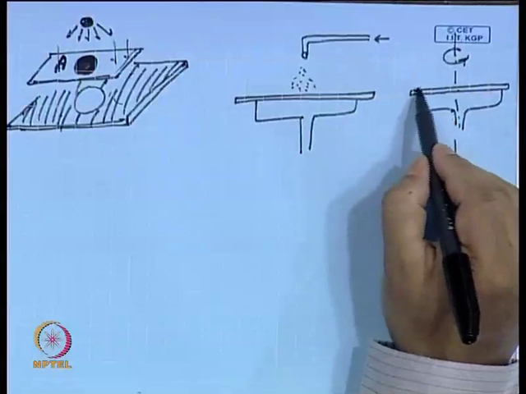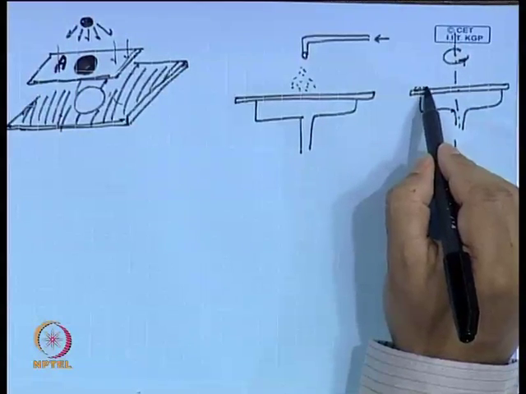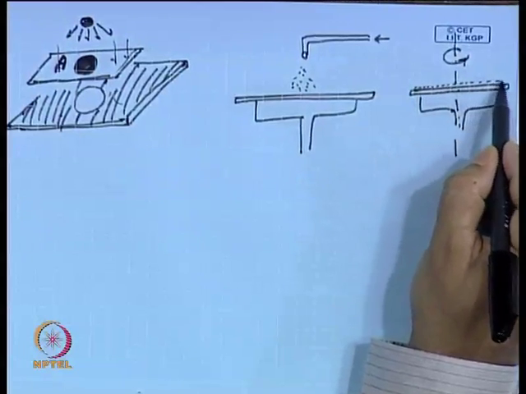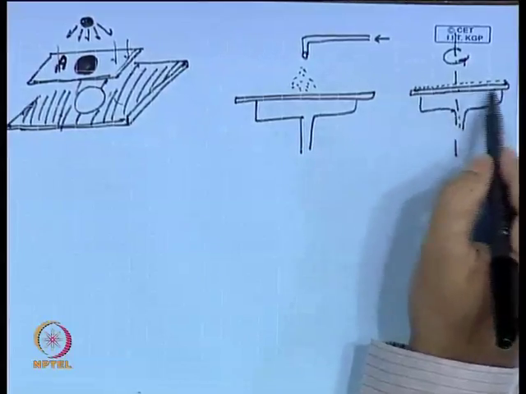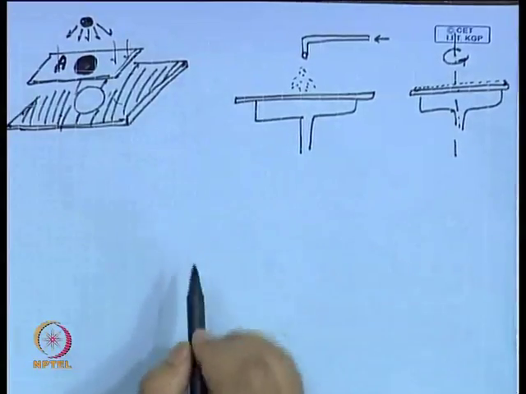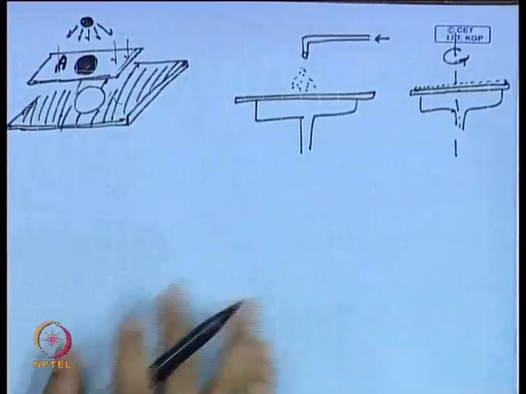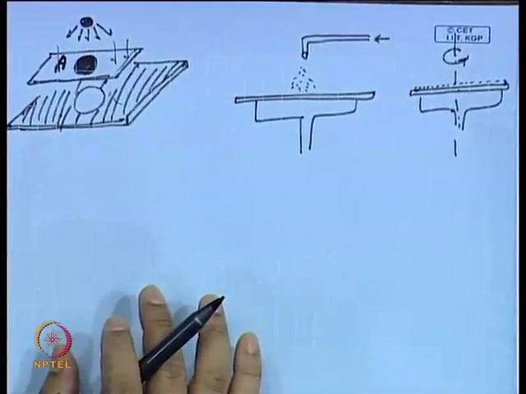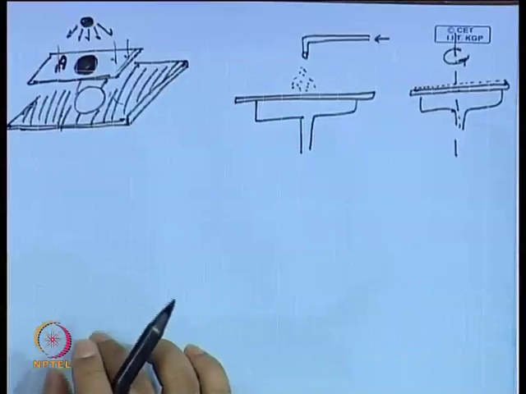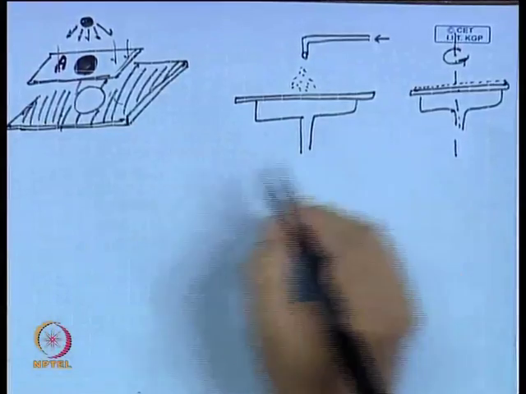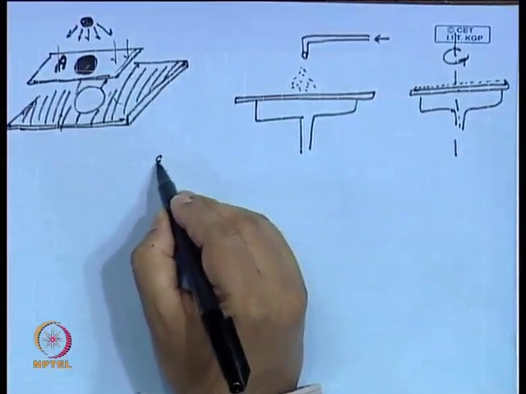When this starts rotating, you see that a thin layer forms on this substrate, because by centrifugal action the resin material will start flowing radially, right? However, there exists something called an equilibrium thickness.